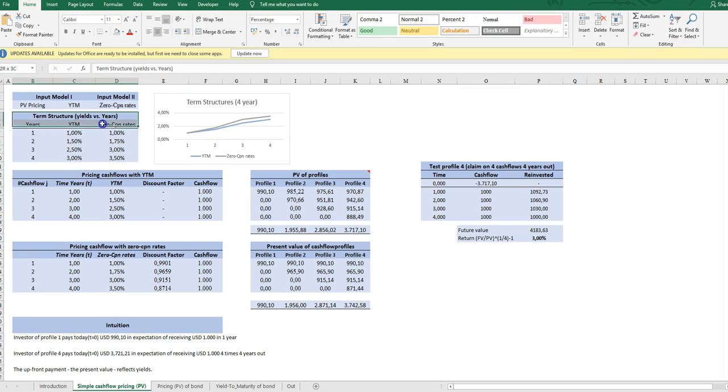We see here in the table the figures. Underlying the term structure of the yield to maturity curve is this range, 1 to 3%, a little bit higher rates than you will find in today's markets. And here we have the zero coupon rates, slightly higher.